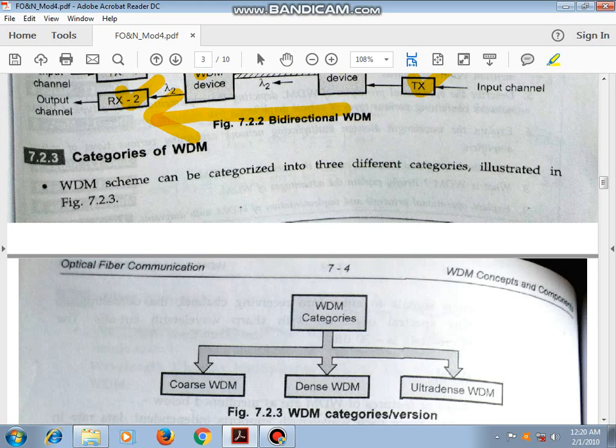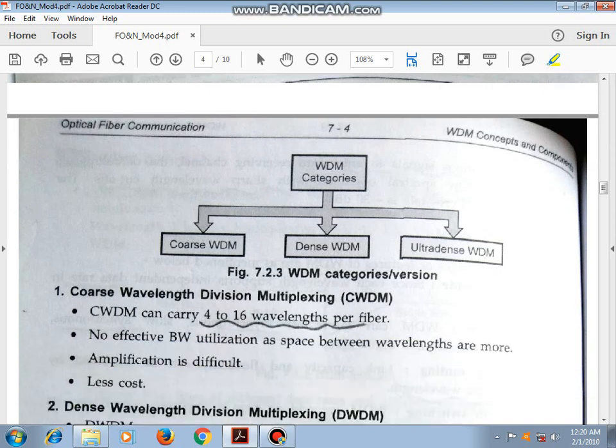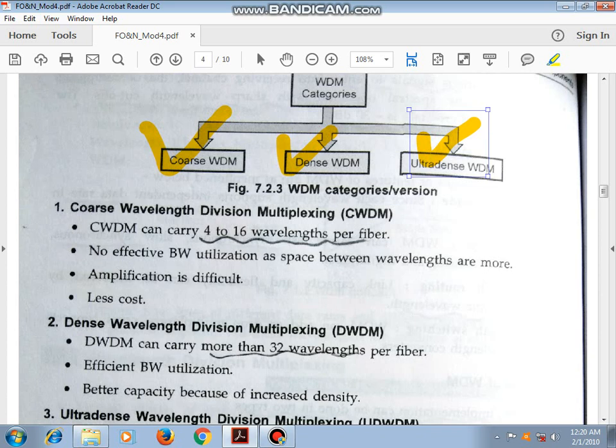Next, categories of WDM. What are the categories in wavelength division multiplexing? We have mainly three categories: coarse WDM, dense WDM and ultra dense WDM. First, we'll go with coarse wavelength division multiplexing.